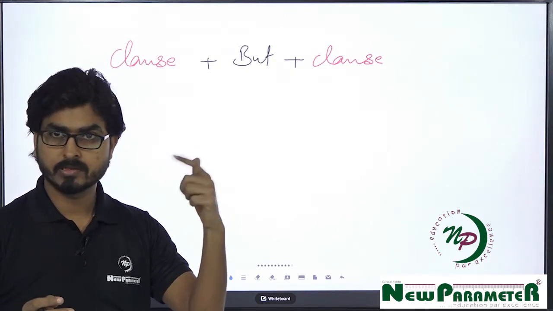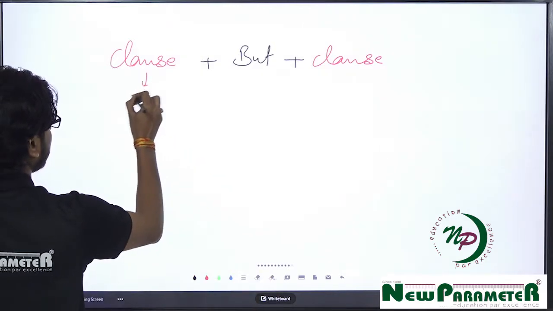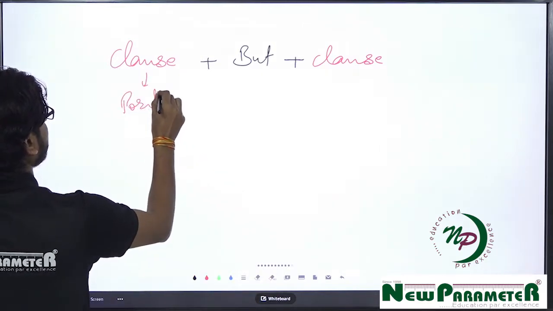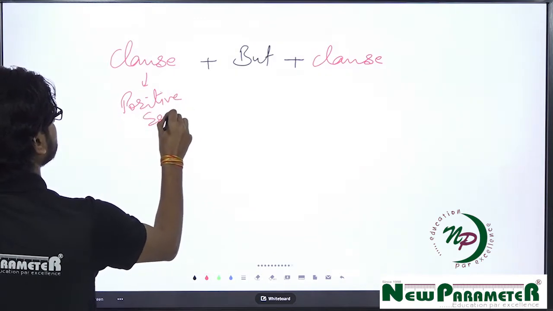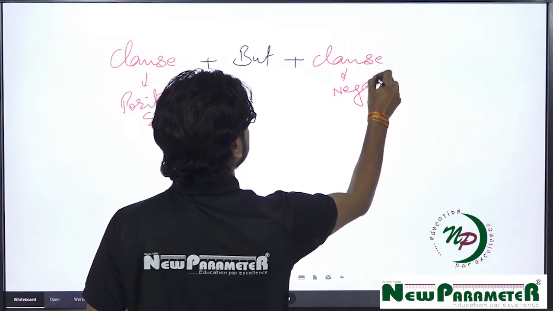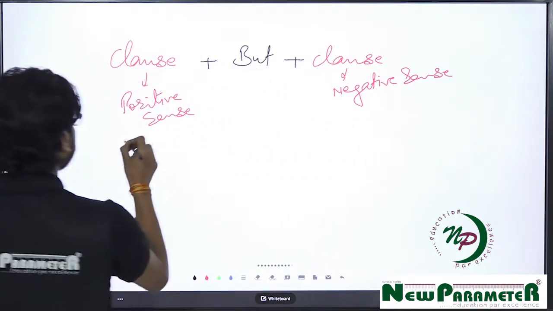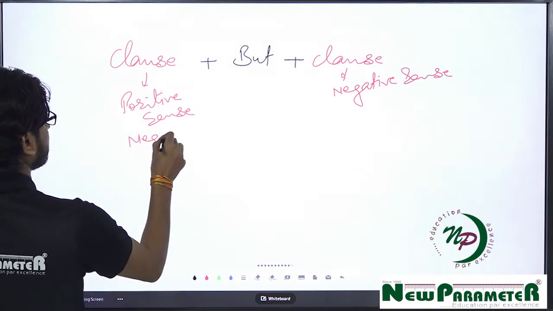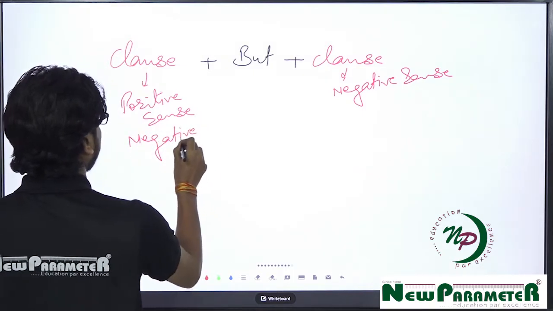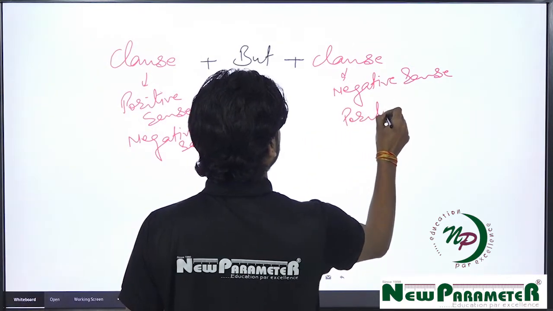Yes, very good. Just opposite. If this clause gives you a positive sense, this gives you a negative sense. If this gives you a negative sense, this gives you what? A positive sense.